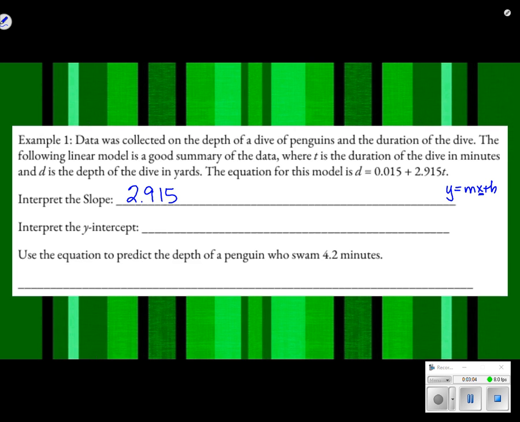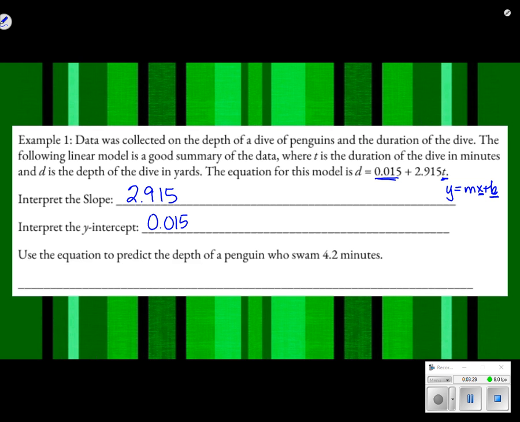It is in front of the x. We don't have x's here. We have t's. So 2.915 is the slope of the line. The y-intercept is 0.015. I know that that's the y-intercept because it is the number that's just hanging out here, just a number, no variable with it.